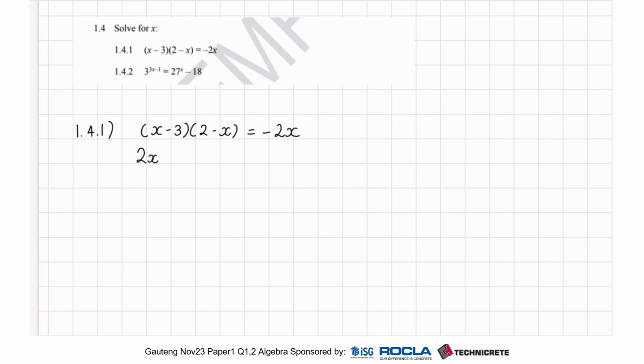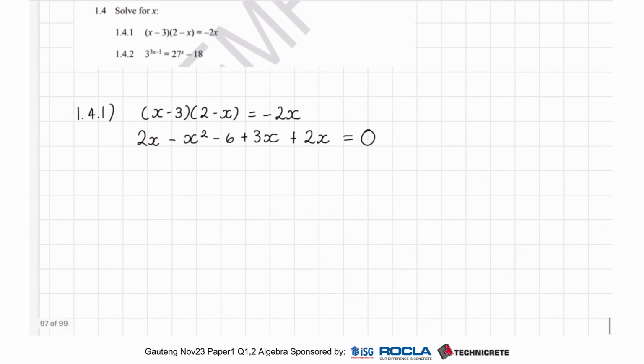So the first multiplied together, then the outer terms multiplied together, the inner terms multiplied together, and the last terms multiplied together. And then I'm also going to bring the negative 2x from the right-hand side to the left-hand side, and that becomes positive 2x. And then on the right-hand side, I'm left with 0.